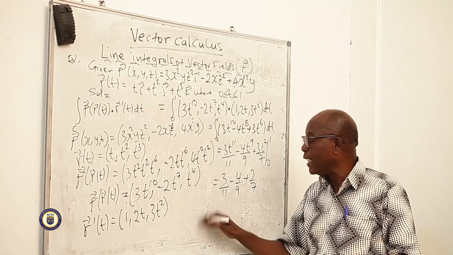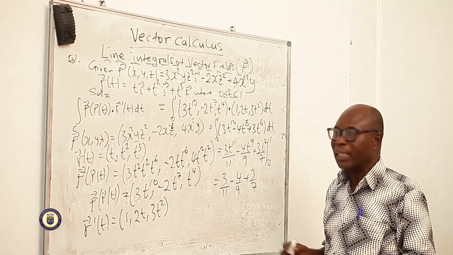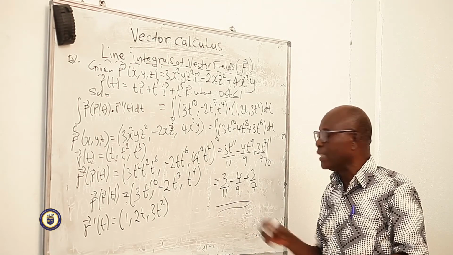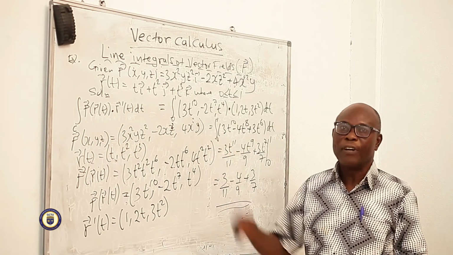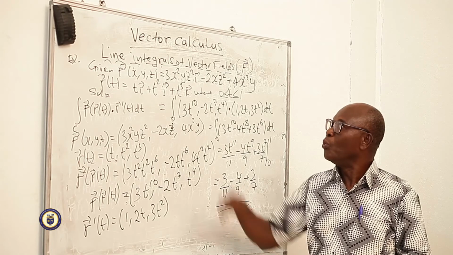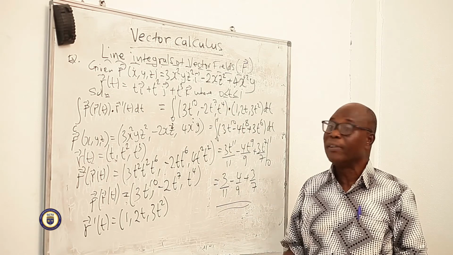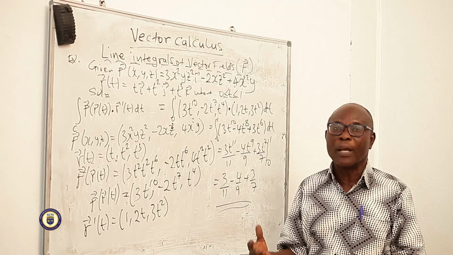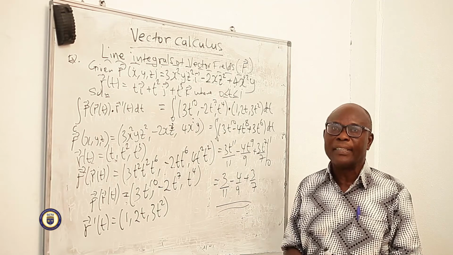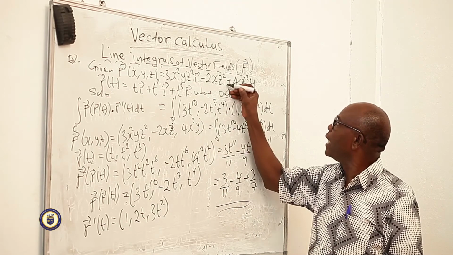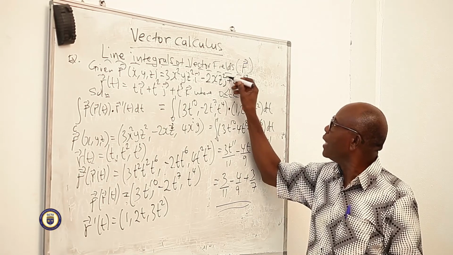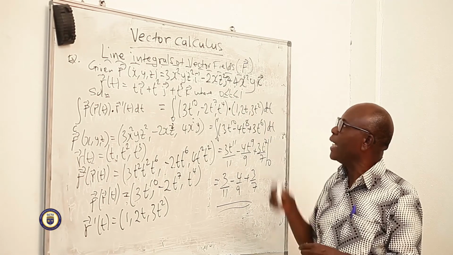And so if you find the LCM, that will give us the line integral of the vector field in space, which is given by the components in the i direction, the j direction, and the k direction.